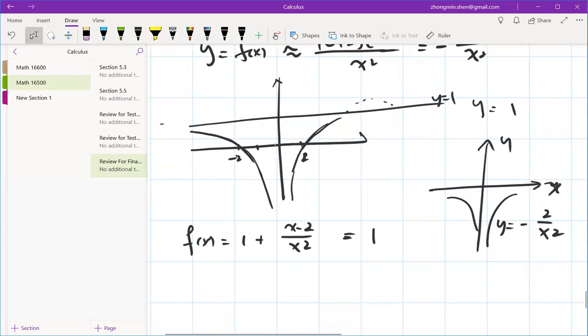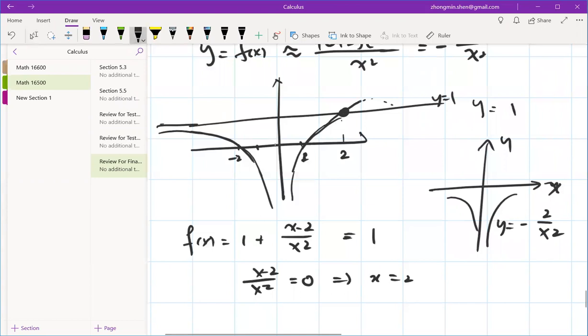Then you get x minus 2 over x squared equals 0, that implies x equals 2. So I find out that at that particular point, the graph intersects the horizontal asymptote.